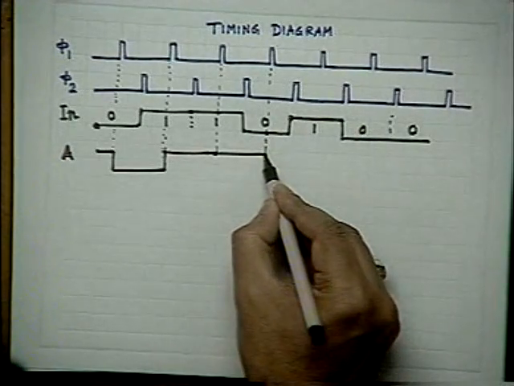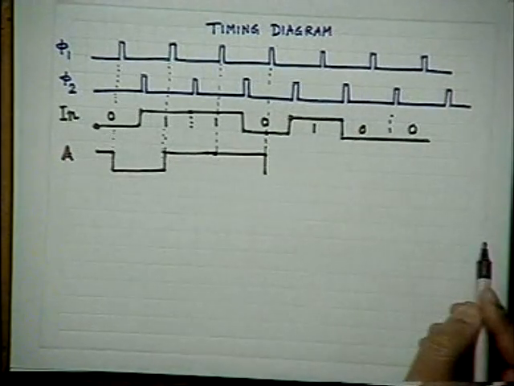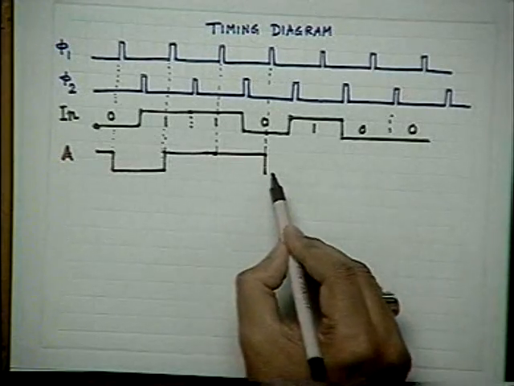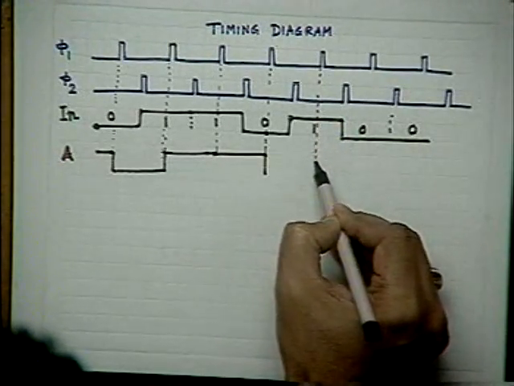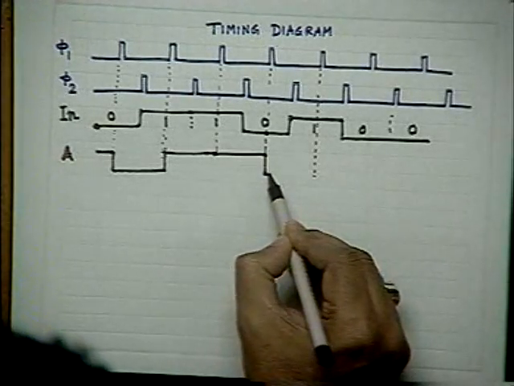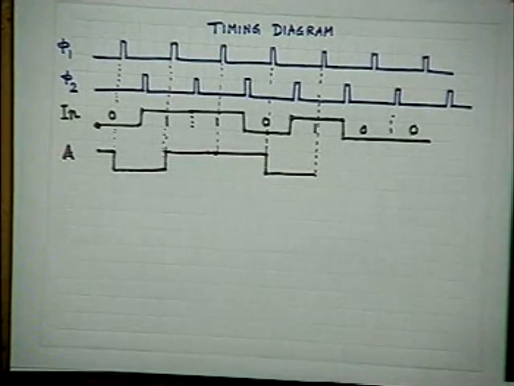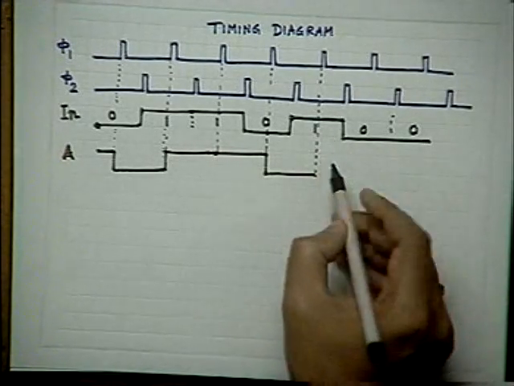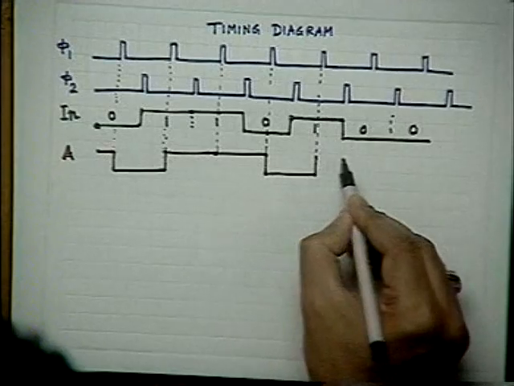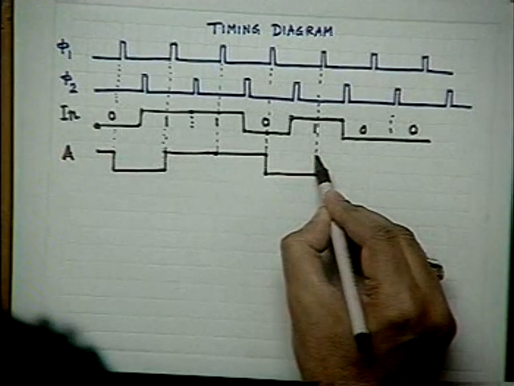Am I correct? But now, during this clocking transition, the input is now 0. So it must go down to 0. All right? Then I have to wait up to this transition. It will maintain that. But now again input is high, and it will pass. It will go like this.